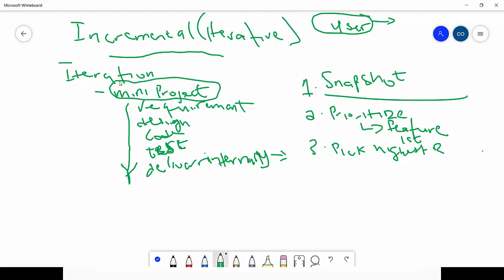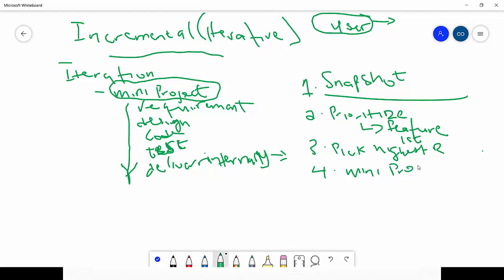We treat an iteration as a mini project, which means you go through requirement, design, code, test, then you deliver. So for each iteration, you go back to your prioritization list and pick the next highest, you do a mini project.